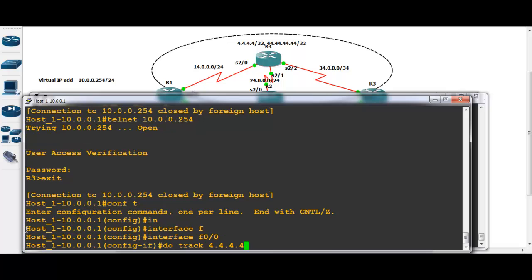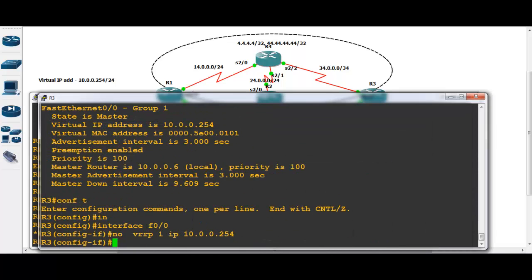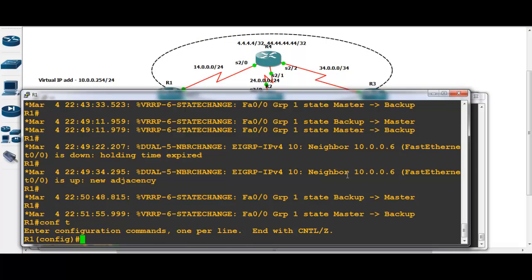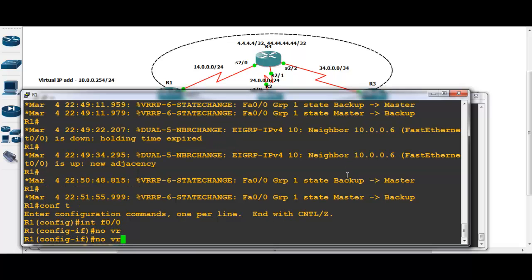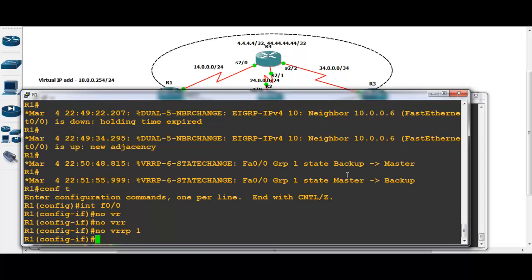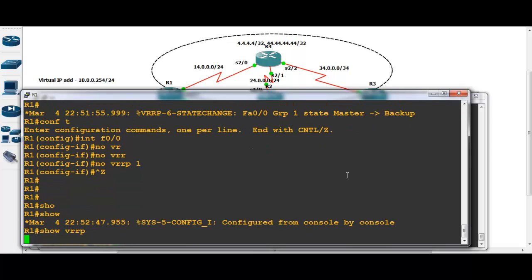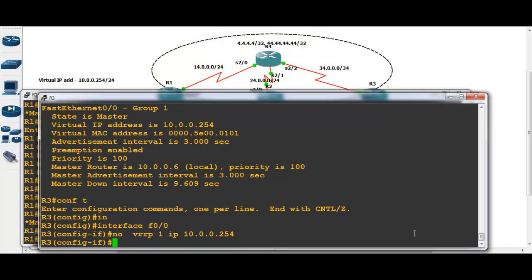Cancel. Sorry, not on the host, on the R1 router. No VRRP group 1. That's it. This is enough to cancel. Now show VRRP. Nothing. I'll check on the other 2 routers before we start HSRP.